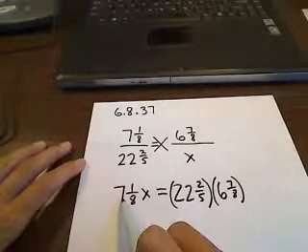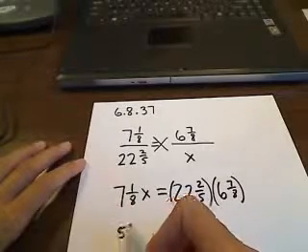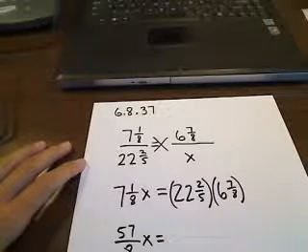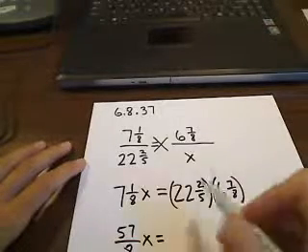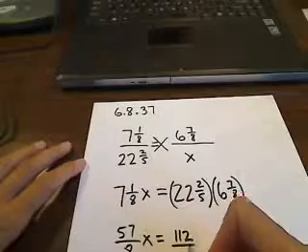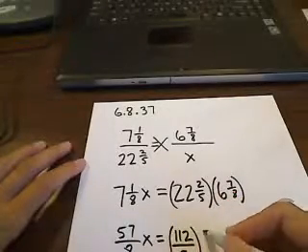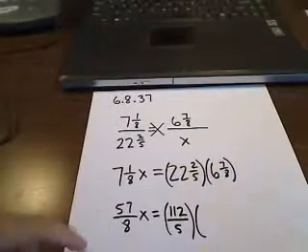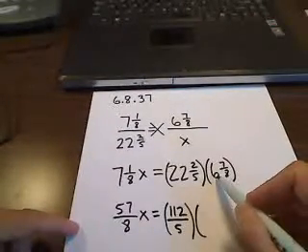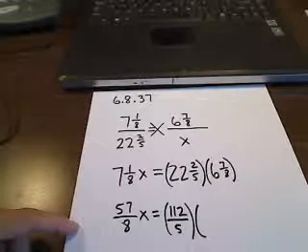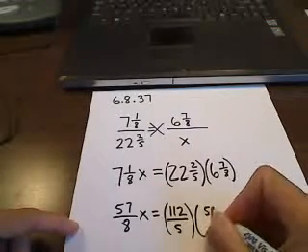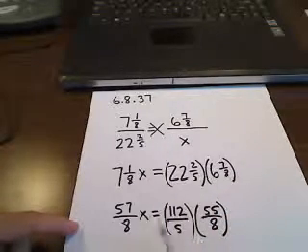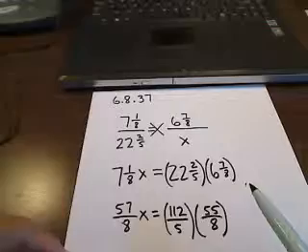So 8 times 7 is 56, plus 1 gives me 57 over 8x. Over here, 22 times 5 is 110, plus 2 is 112 over 5. And the 6 7/8: 8 times 6 is 48, plus 7, we get 55 over 8.